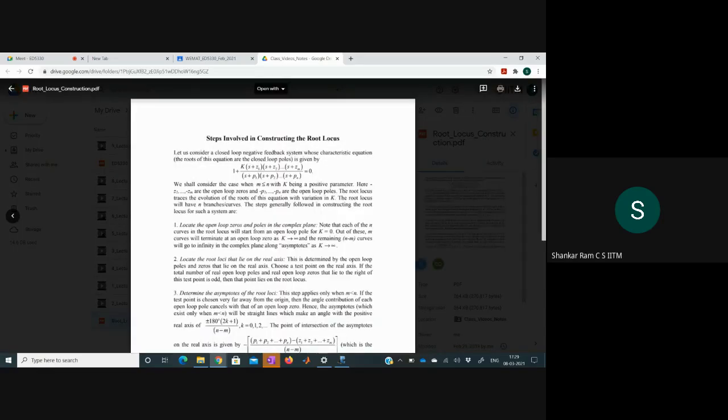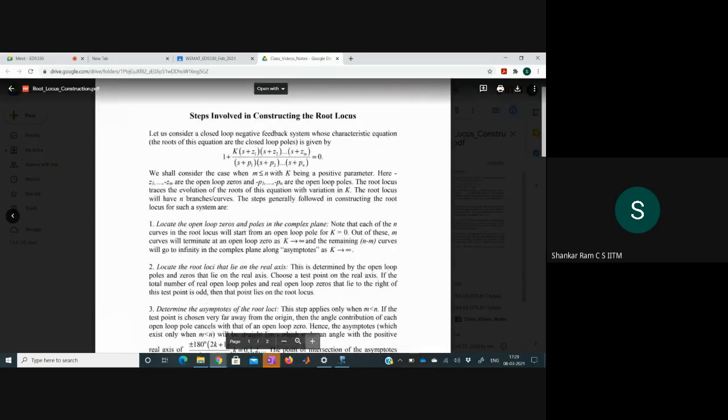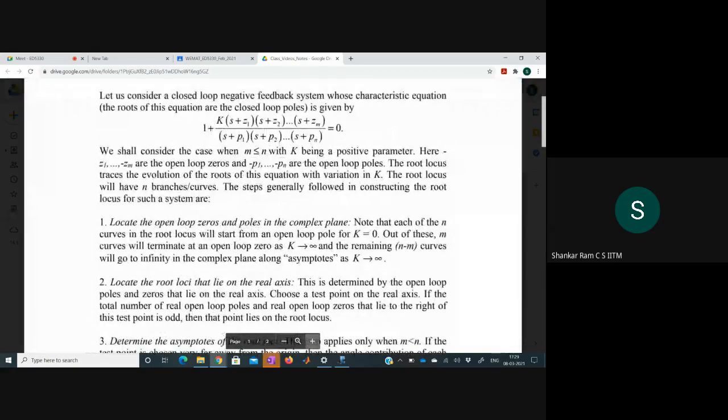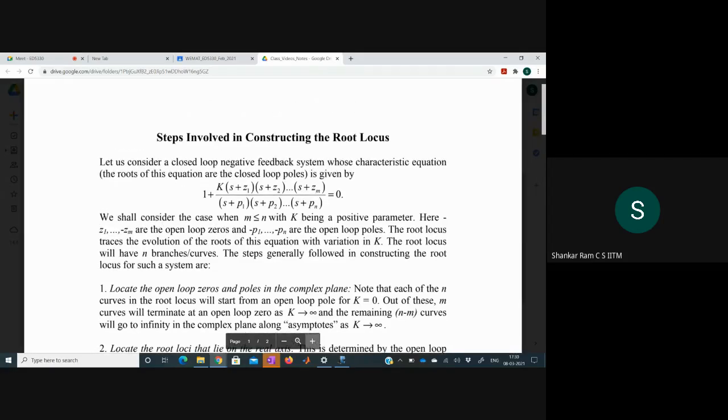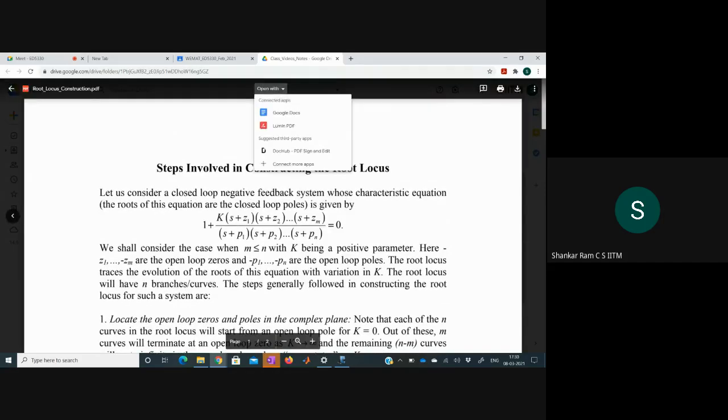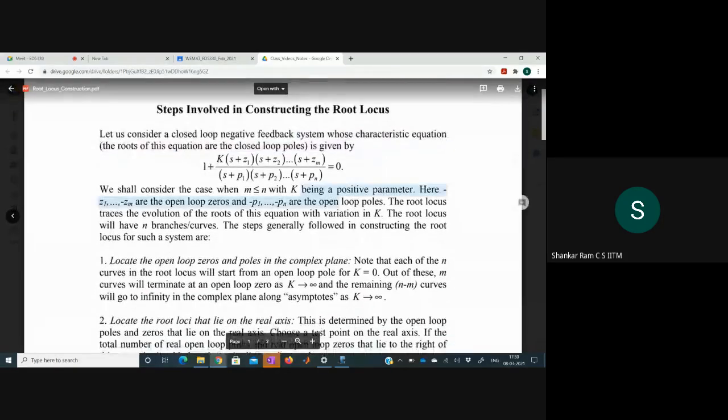This is the file where we are going to learn all the steps involved in plotting the root locus. I am going to discuss the steps in conjunction with the example that we are considering. All right, so let me discuss these steps.